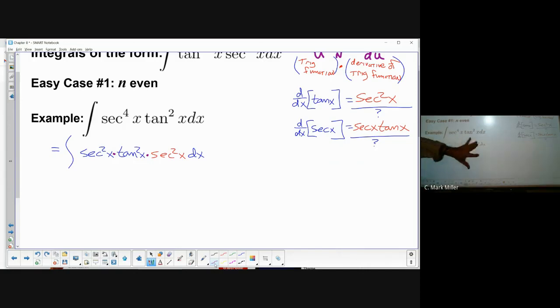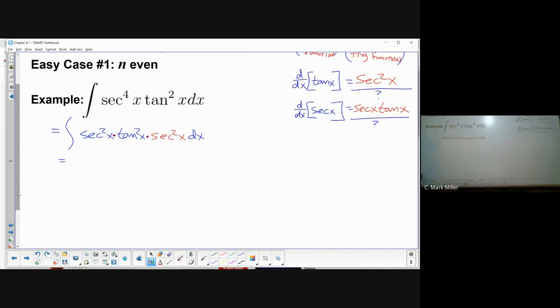That secant squared I'm saving as the derivative of tangent. When secant is to an even power, in this case 4, when I pull a secant squared off of that as the derivative, I still have secant to an even power, just a power that's 2 less. It's even. How does that help me?